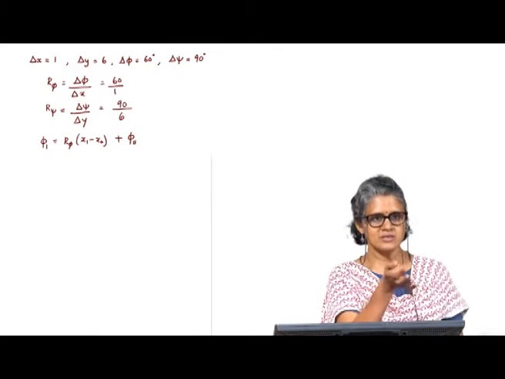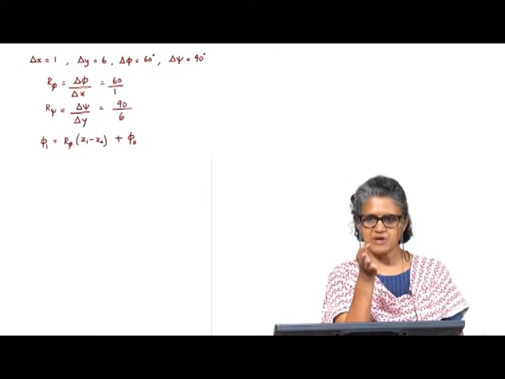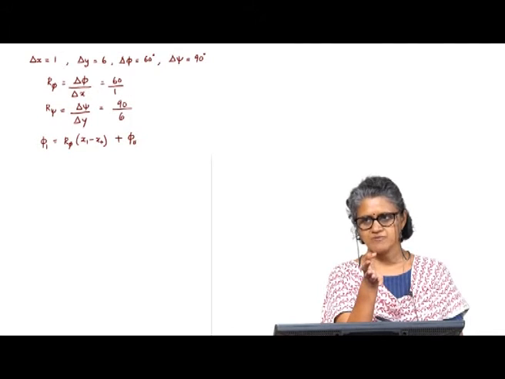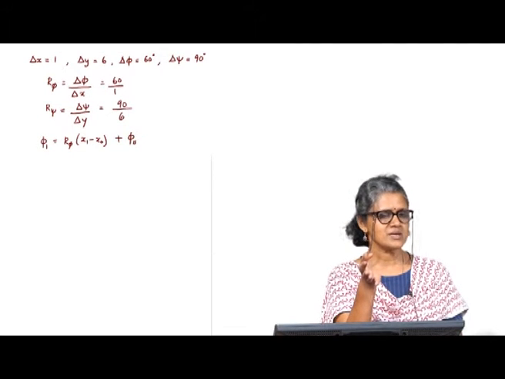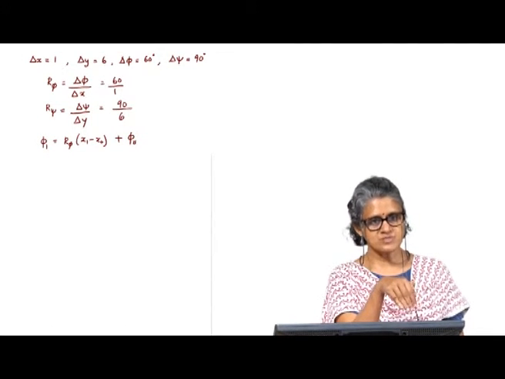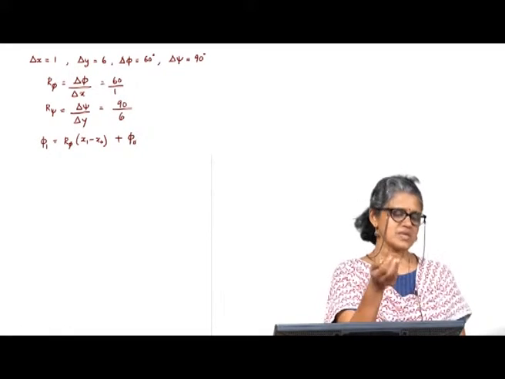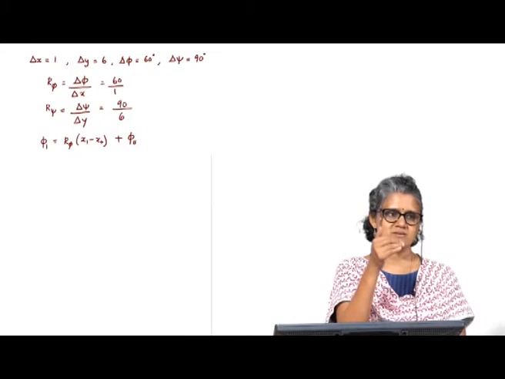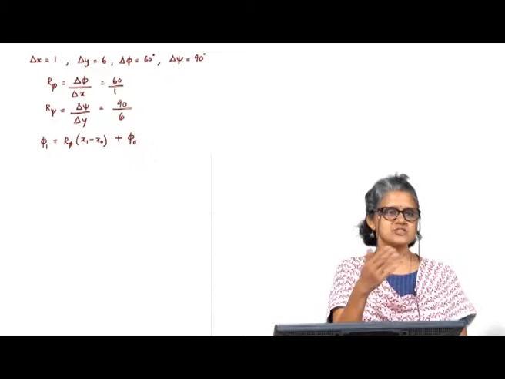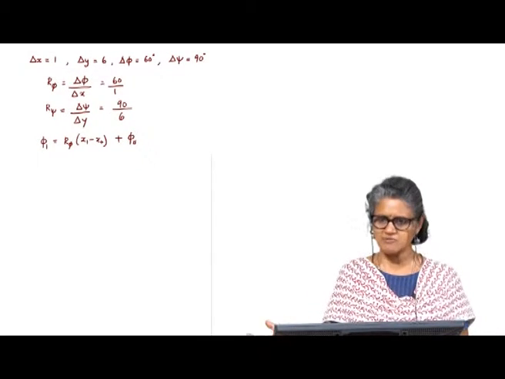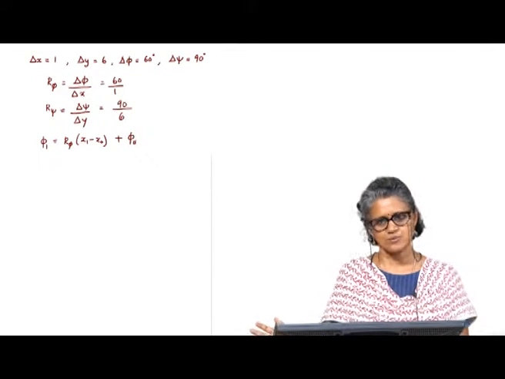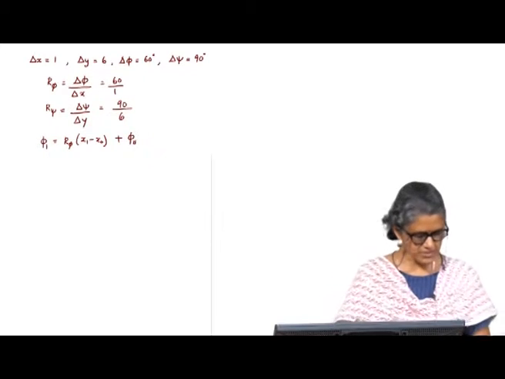So, you could either choose phi naught to be 0 without any loss of generality, or you can choose phi naught such that phi 1 will be 0. Then whatever you get as phi 2, phi 3, phi 4 will actually be phi 1 2, phi 1 3 and phi 1 4, because you have chosen phi 1 to be 0. Okay. So, that is possible.